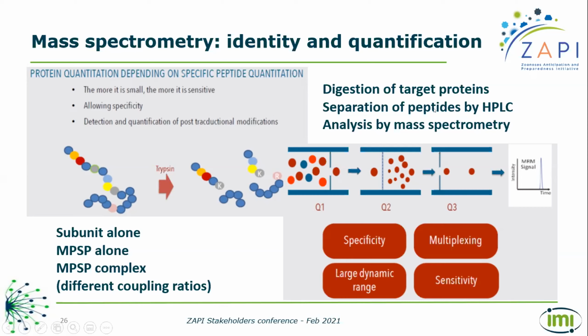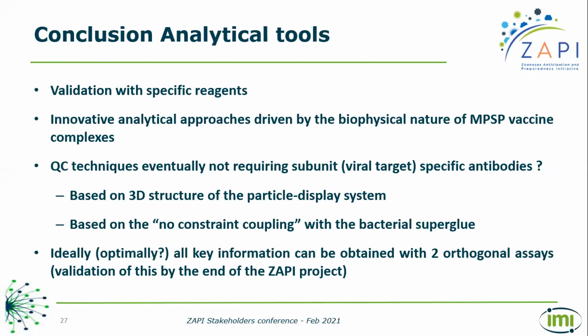You know exactly what you spike in terms of amount, and you just compute a ratio between the labeled peptide and your target peptide. And from that, you can deduce directly the identity of each component, and you can do multiplexing. So you can measure in the same channel, you separate different peptides coming from the subunits and the scaffold. And at the end, you have full information on both components, and also the information on the exact ratio that has been performed.